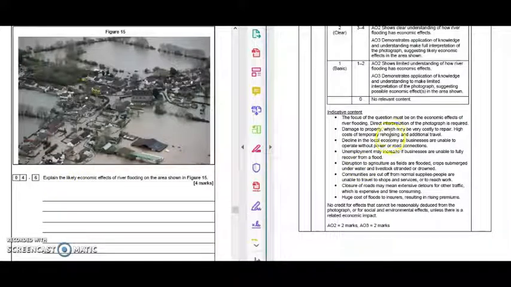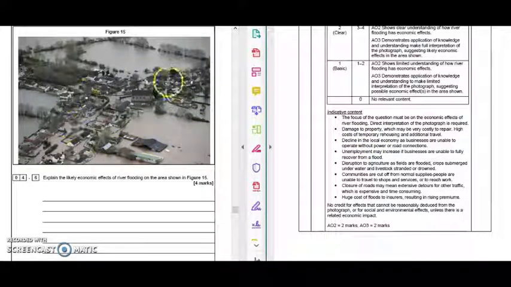So for instance, if you have a quick look at the mark scheme, you could say the houses in figure 15 look like they've been severely damaged due to the flood, which means that they'll be very costly to repair, and also people might have to spend perhaps a lot of money staying in temporary housing and then travelling to and from maybe their local area.